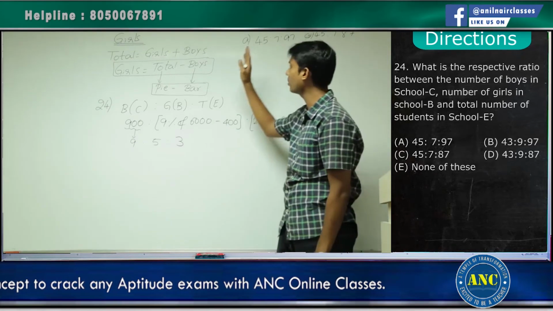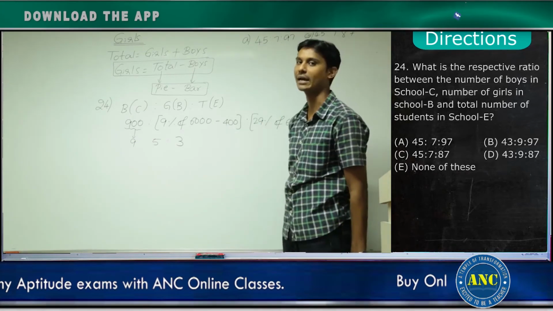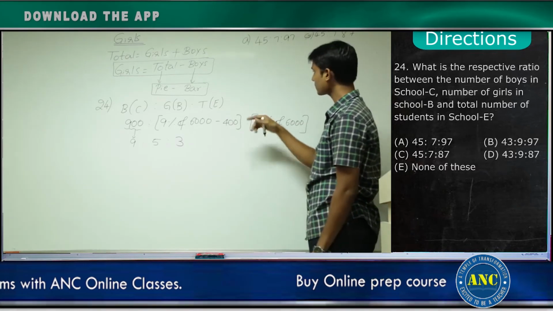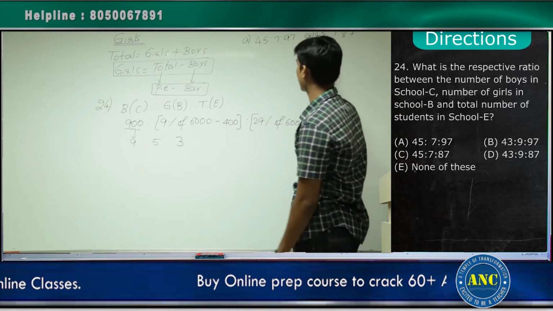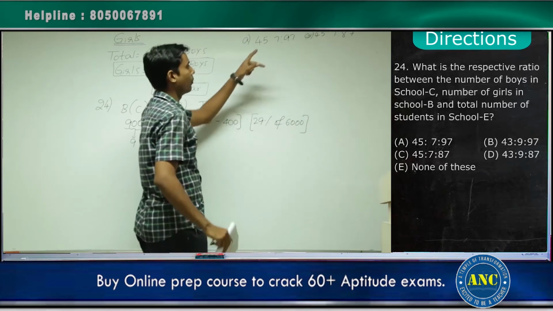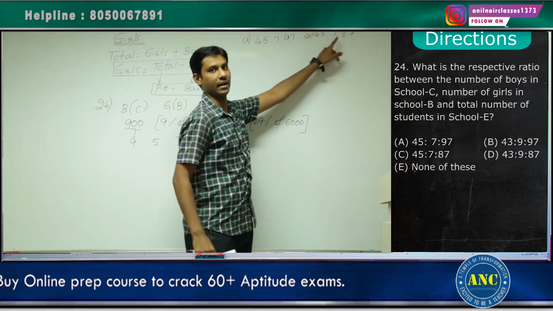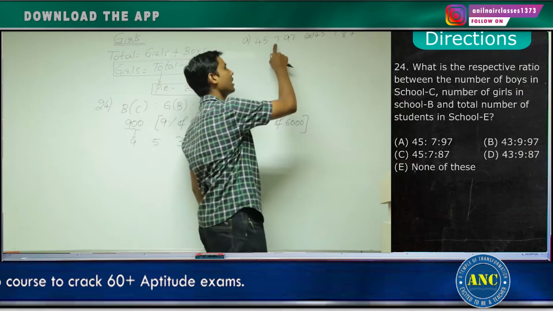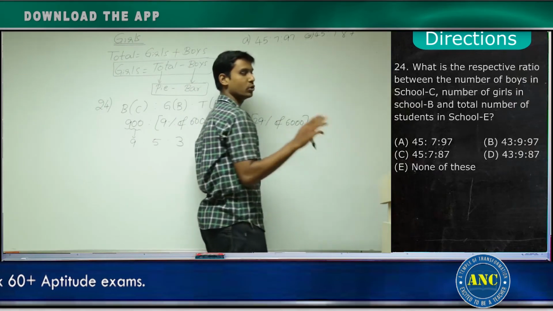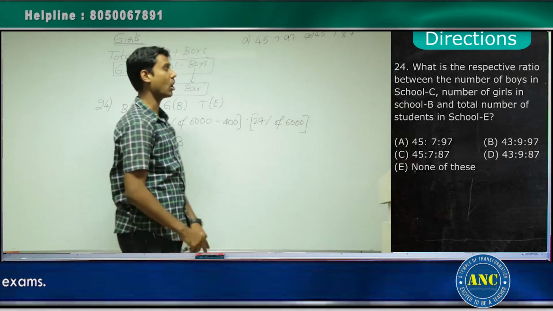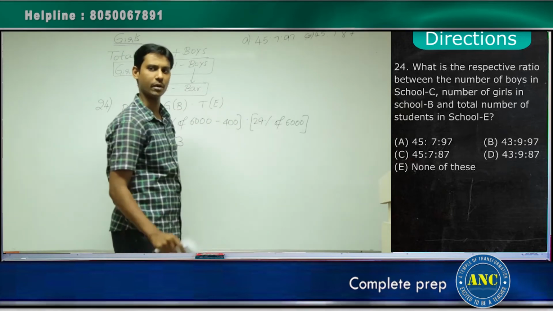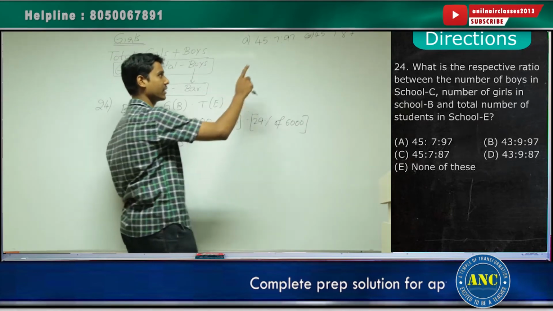Therefore one of these two should be the correct option. Now observe here. Both options have the second term as 7. If a term is the same in both options, you need not worry about the middle term. Forget about that term. Only concentrate on the last term.